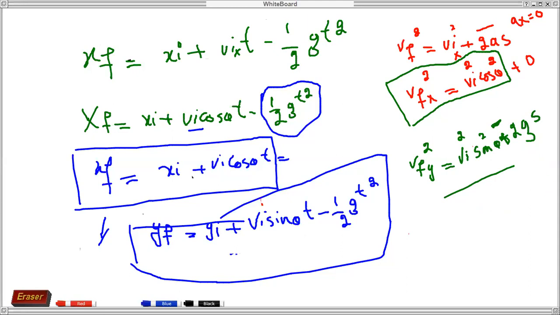This is the third equation, for final velocity, for projectile motion. Great. I think now it's clear. Then you can find the position, velocity and acceleration of a projectile body at different positions after different intervals of time.